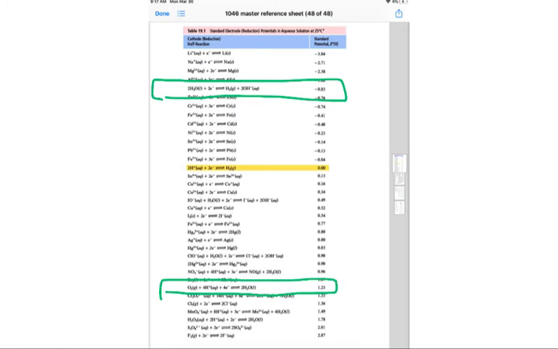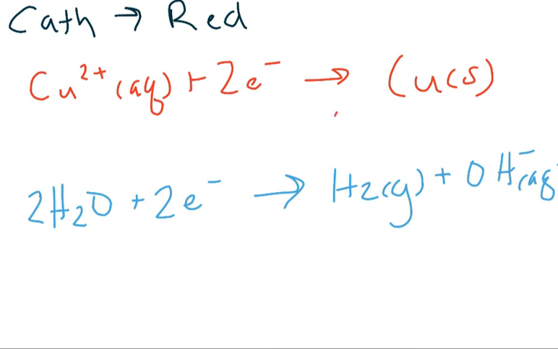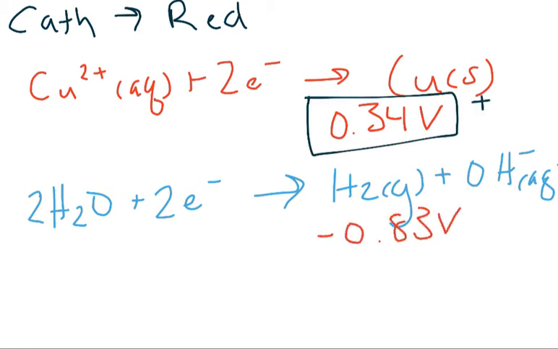So you find your 2 reactions. We said we had copper 2 becoming copper solid is a potential reduction, and we also said that water becoming hydrogen is a potential reduction. So for the copper, the potential reduction is 0.34 volts, and for the water, the potential reduction is negative 0.83 volts. Whichever one of these is more positive is the one that's going to be reduced.